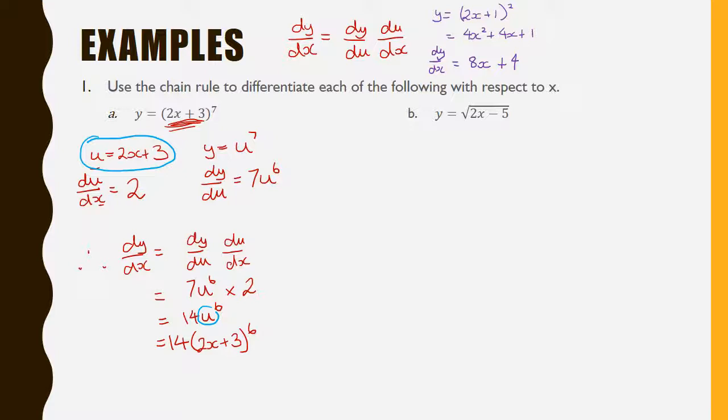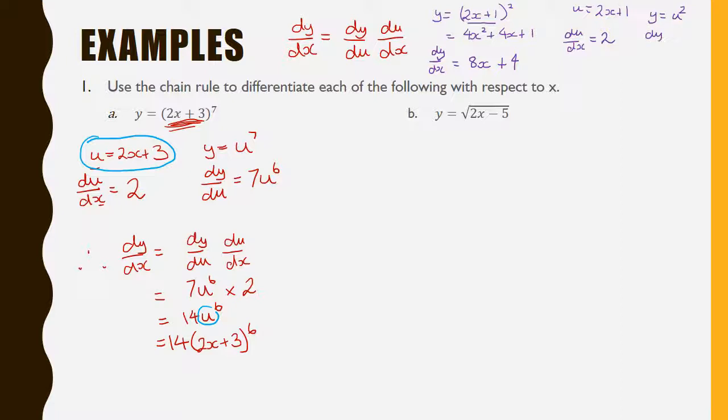If we instead decide to let our inside function equal u, that means u equals 2x plus 1. For our outside function, we're letting 2x plus 1 equal u, so I'll instead have y equals u to the power of 2. If I differentiate u with respect to x, du/dx, the derivative of 2x is 2.